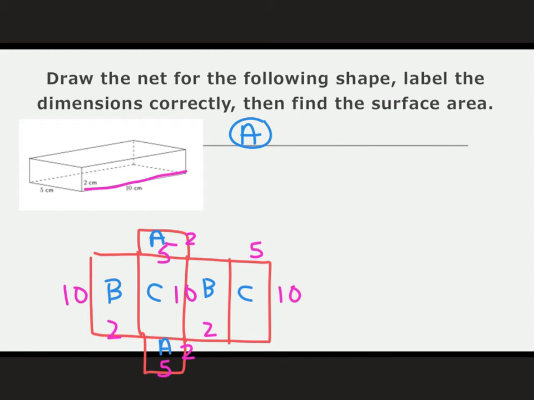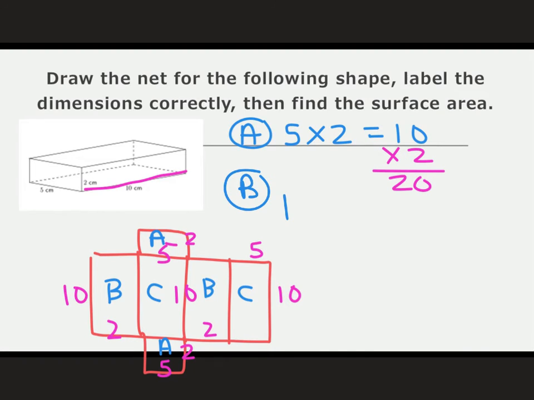So now we can find our area. Shape A, 5 times 2, which is 10. We have 2 shape A's, so multiply by 2. Then we can move on to shape B. Shape B, we made those our 10 by 2's. 10 times 2 is 20, but we have 2 shape B's. Multiply by 2 to get 40.